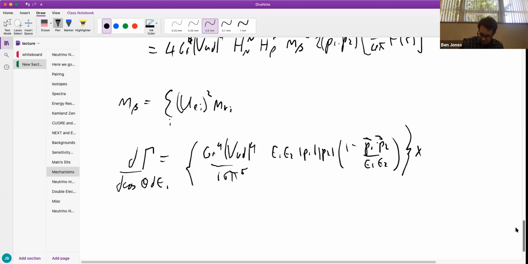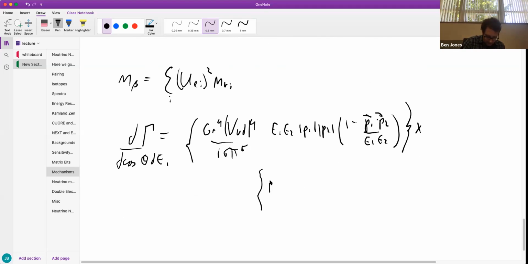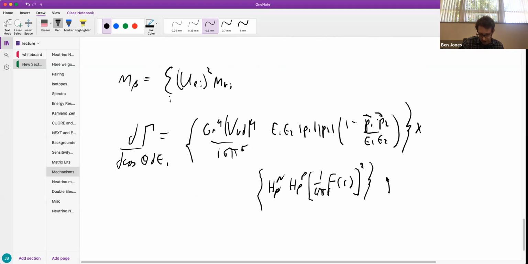Then the next thing is the hadronic stuff. Four pi f of r squared. And then the final curly bracket is this m beta, all that squared. Okay, so these things in these brackets generally are factorized.